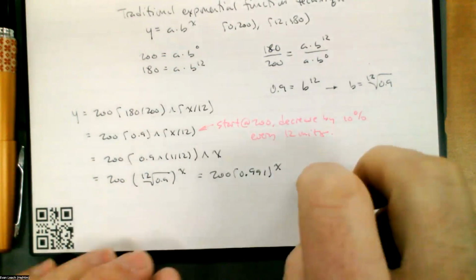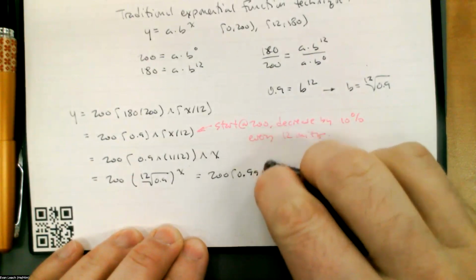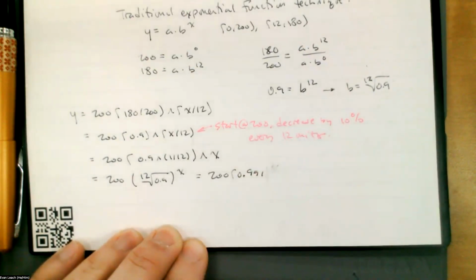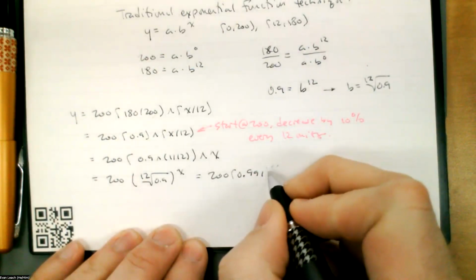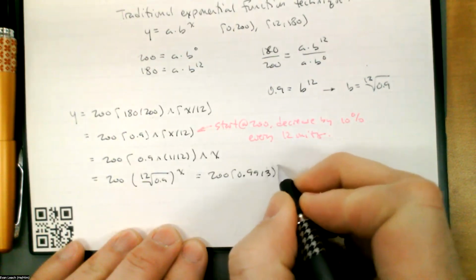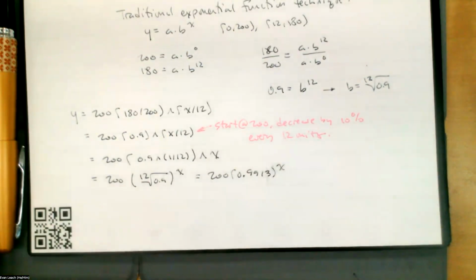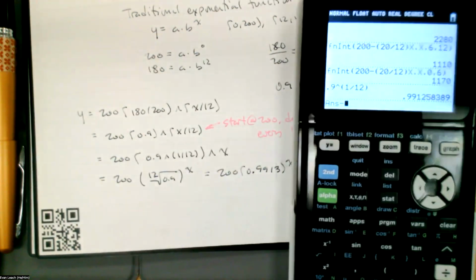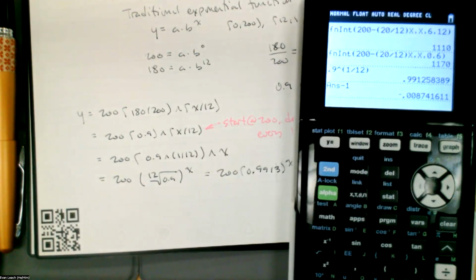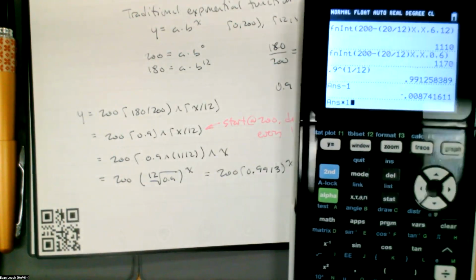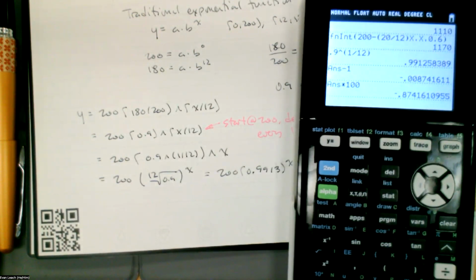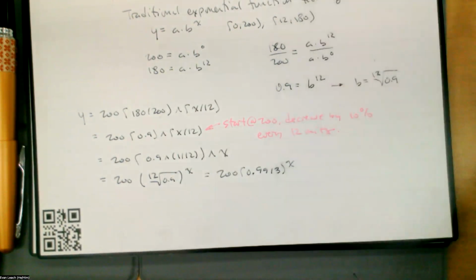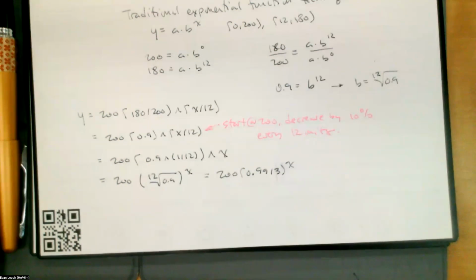Here we can describe it as starting at 200 and decrease by, let's see, what's this minus 1? Decrease by 0.0087, then multiply by 100. We'll do percents. Decrease by 0.87% every unit.